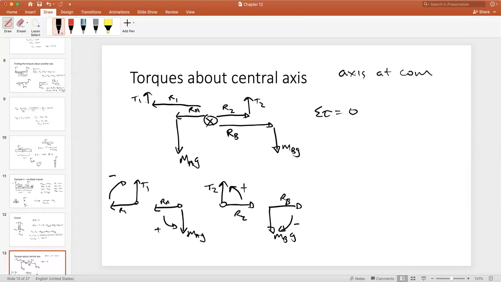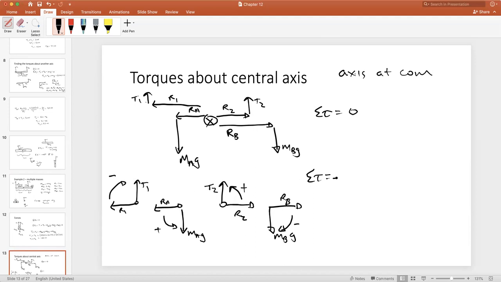RA, MAG, rotating RA to MAG is positive. R2, T2, rotating is positive. RB, MBG, rotating is negative. So for the sum of our torques, each of these vectors is 90 degrees off. Therefore, RF sine of 90 is 1, and we've chosen the negative and positive signs by the right-hand rule.